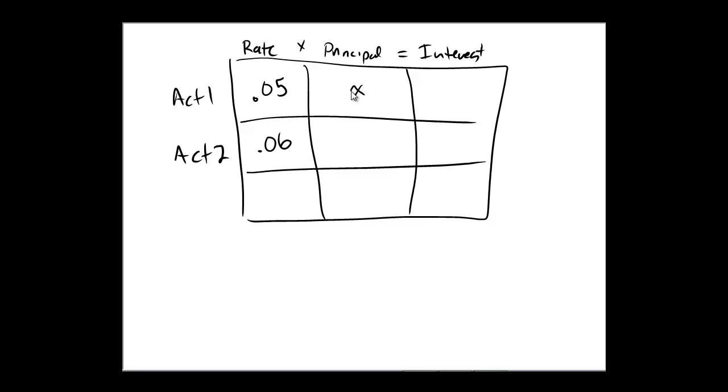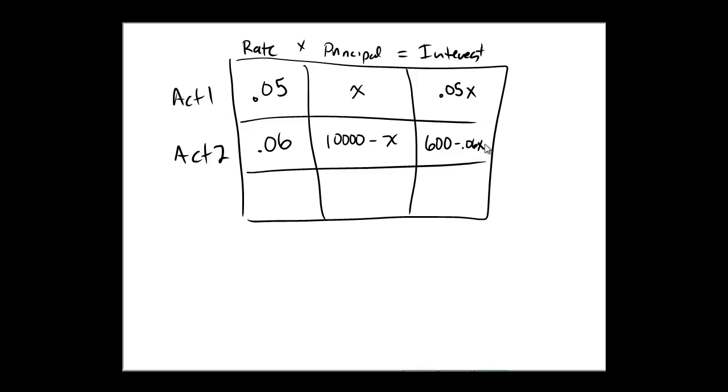But the second account is the rest of the money, so that would be $10,000 minus x, the total minus how much we put into the first account, which we called x. Now, because rate times principal equals interest, we can go into the third column and insert the amount of interest from these accounts: 0.05x here, and 600 minus 0.06x here.